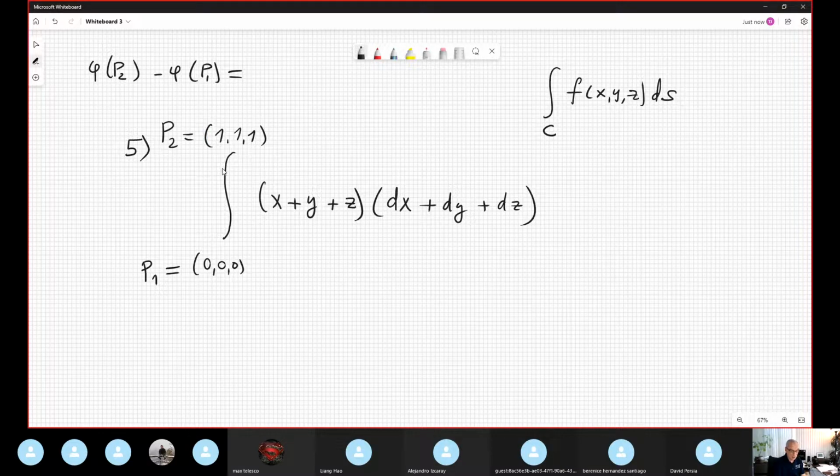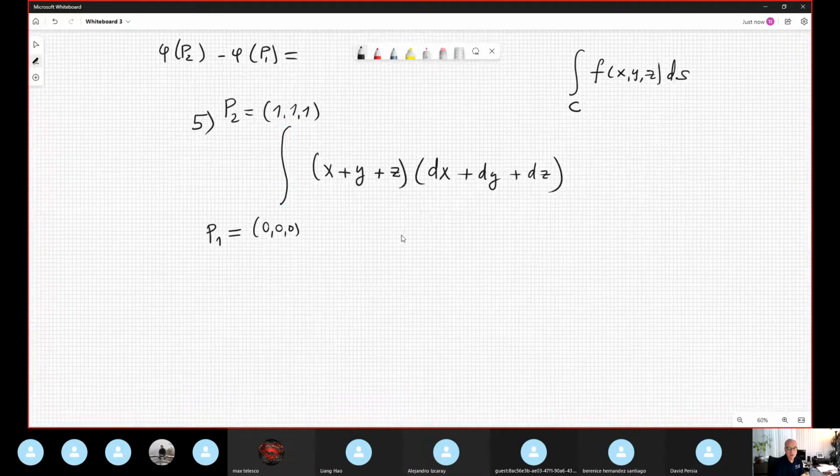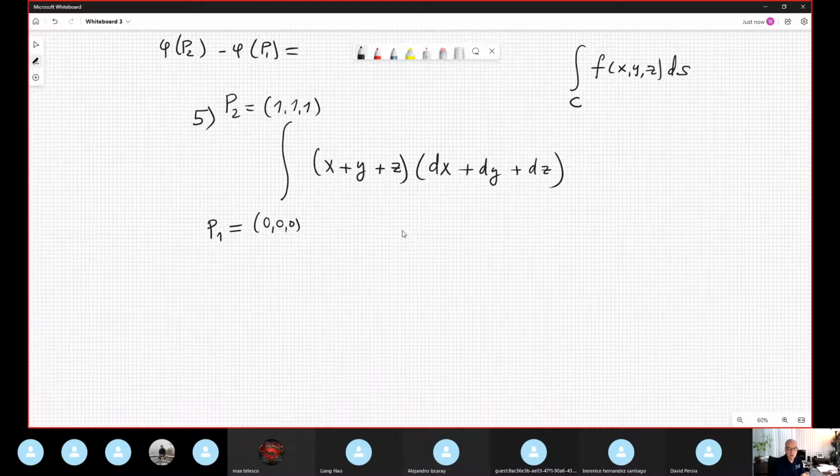I don't like this format. I take this from one study guide on the internet. But you can write this integral, at least the integrand part, including the differential part.